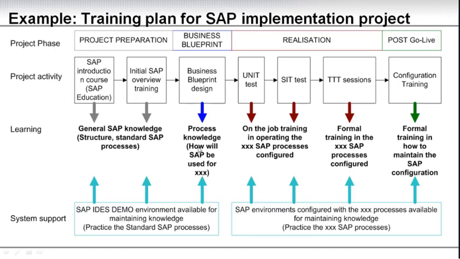So everyone would know that in the beginning, during project preparation, there would be an introduction course, done in this case by SAP. There would be some overview training provided by the project, and this is the content, at a high level. There will be this system available that will support everyone. They can log on and play around. So this was a consolidated view that we used on a particular project, and we'll share a training plan template with you that you can download as well.